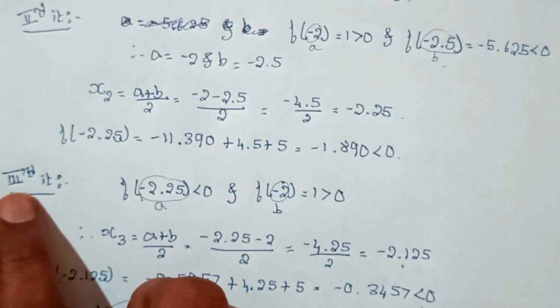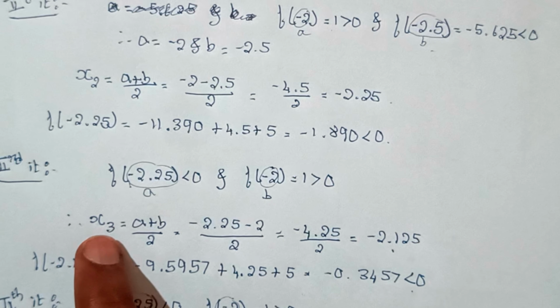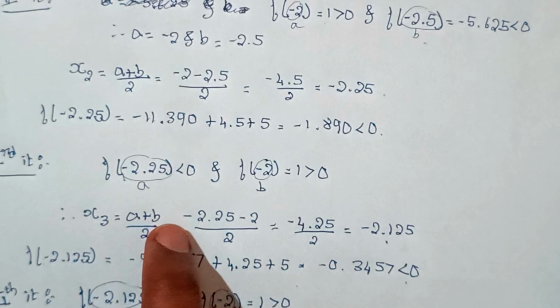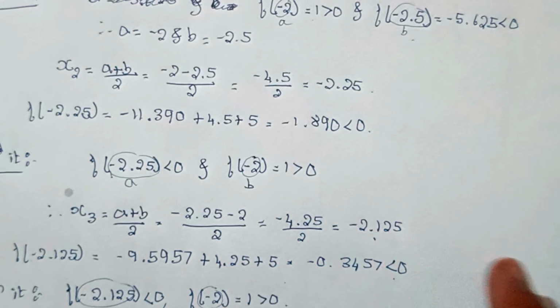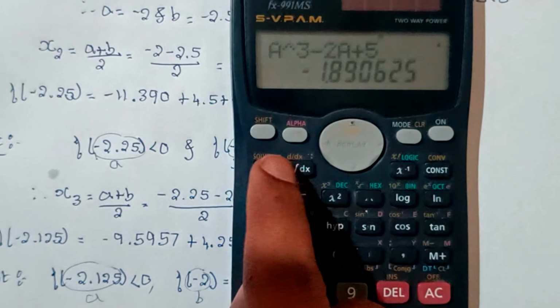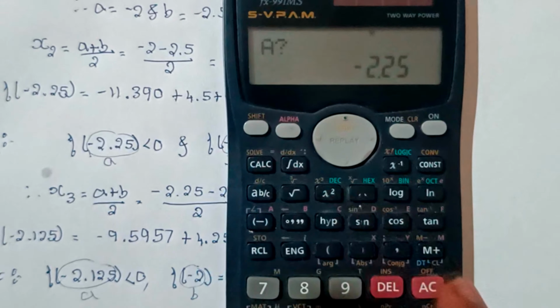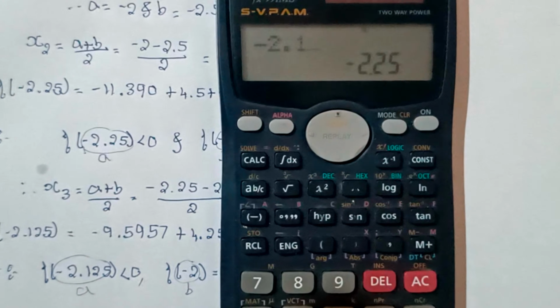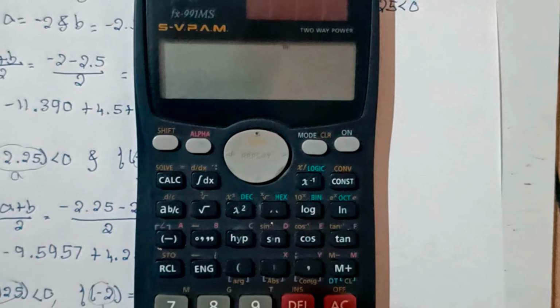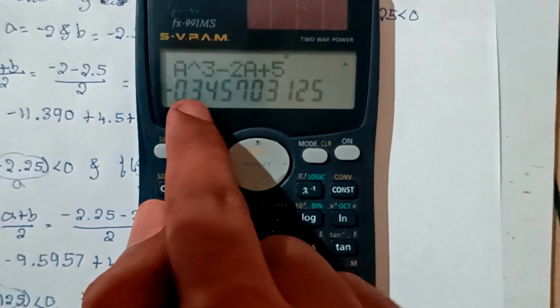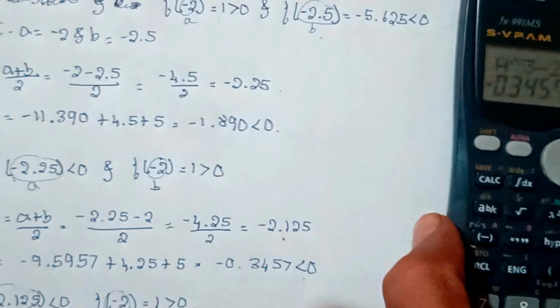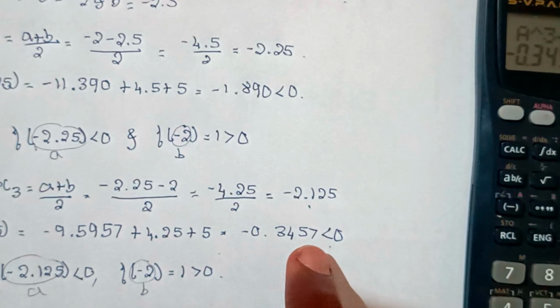And again for the third iteration, the a value, that is x3 is equal to (a plus b) by 2, that is -2.125. Again using the calculate button, with -2.125 what answer do we get? -0.3457.